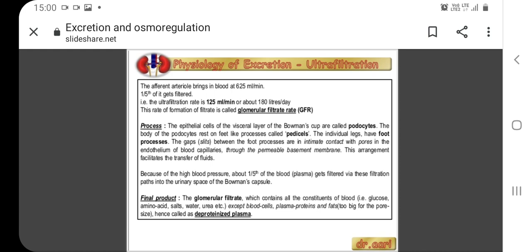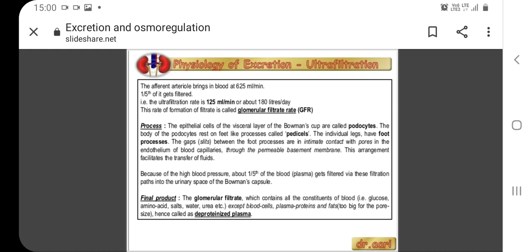and we know that when the blood which flows into the afferent arterioles with some pressure is filtered in the glomerulus, it is passed through the Bowman's capsule into the proximal convoluted tubule.